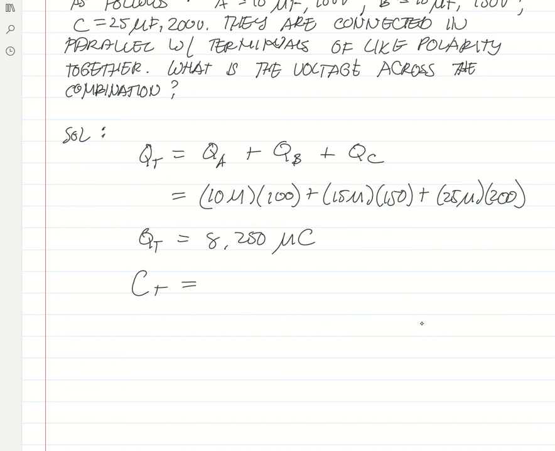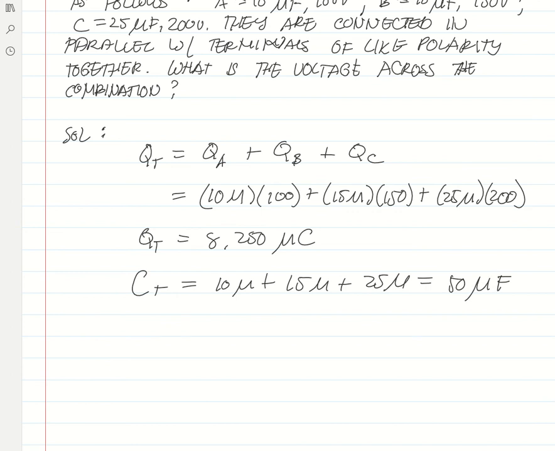Then, because they are connected in parallel, the total capacitance will be the sum of the individual capacitors: CA plus CB plus CC. A is 10 micro, B is 15 micro, plus C is 25 micro. So the total capacitance will be equal to 10 plus 15 plus 25, that is 50 microfarads.